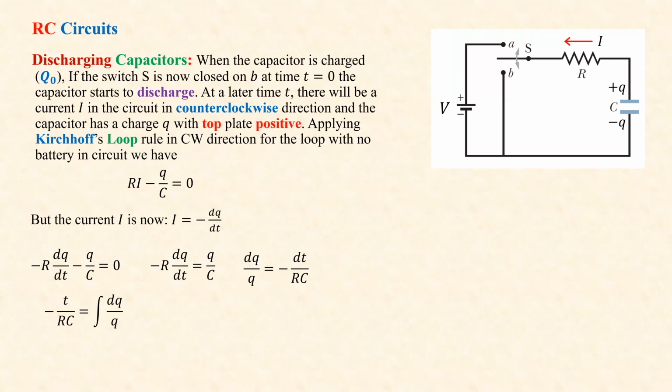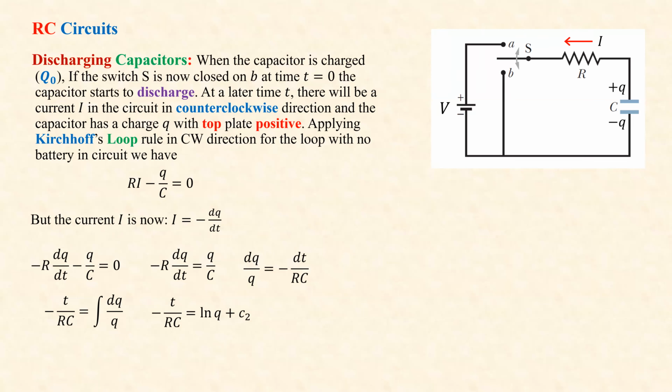If you integrate, this side becomes negative t over RC. This side becomes the integral of dQ over Q, which is ln of Q plus a constant. And because Q is positive, we don't need to put absolute value. So what is C2?